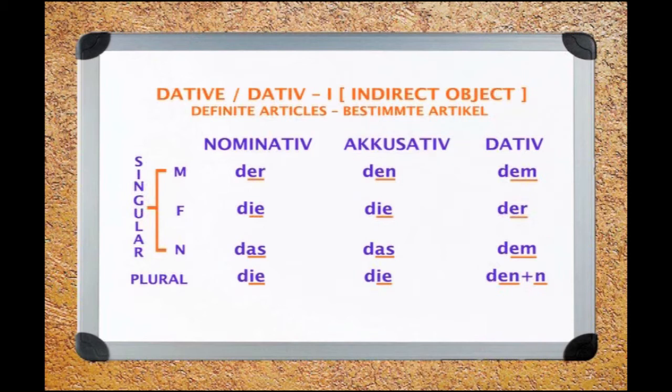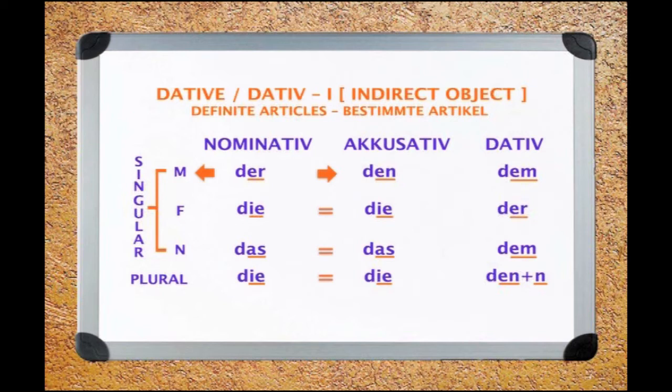The definite articles in nominative are der, die, das and die, and in accusative we have den, die, das, die. You know that the masculine article der in singular changes its form to den in accusative, whereas the rest of the articles do not change their form from nominative to accusative. Now, let us look at how the articles change in the dative case.